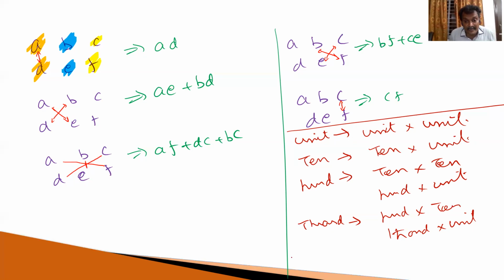That is equal to 10,000. When will you get 10,000? That is equal to 100 into 100. If you multiply 3 digit by 3 digit, and you want the 10,000 place, you need to multiply the hundreds digit by the hundreds digit. That is AD.